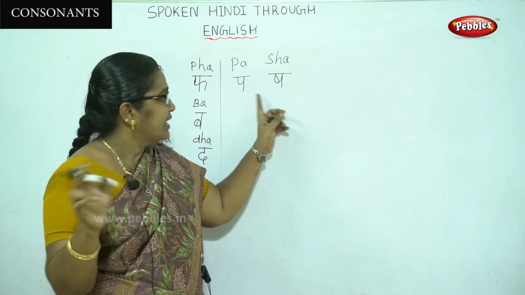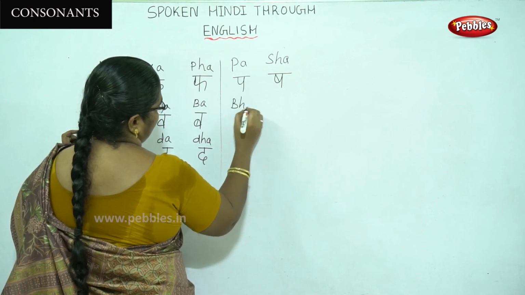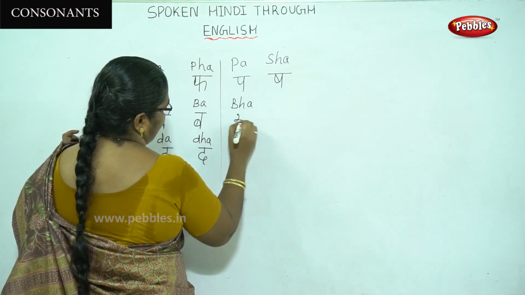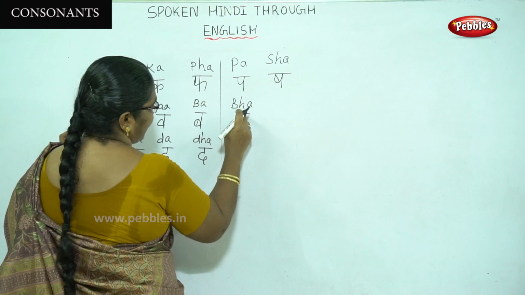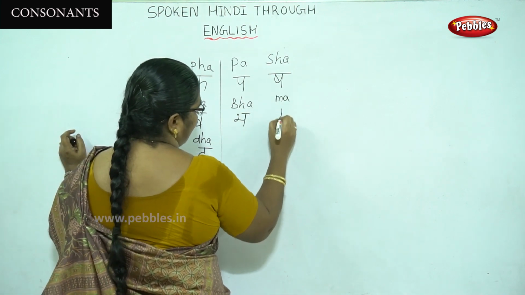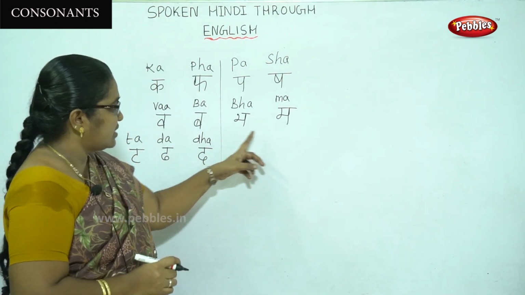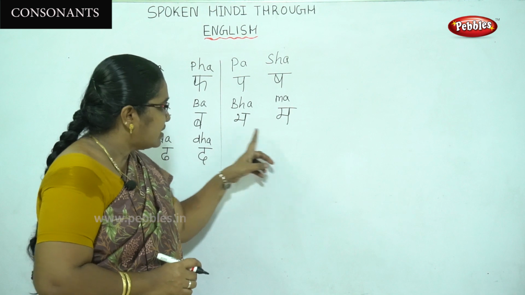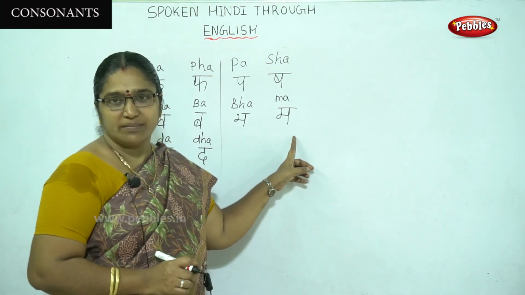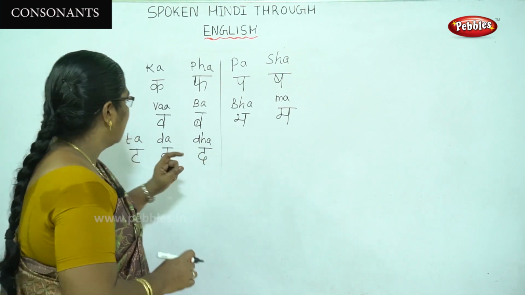These are the differences. Then next is ba. For that ba, we have to give a space here, but for ma, we cannot give any space. This is ba and this is ma.